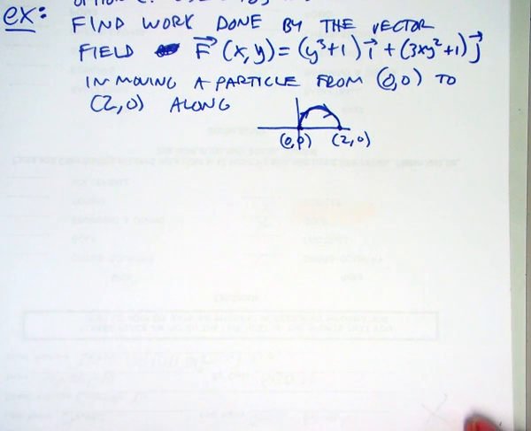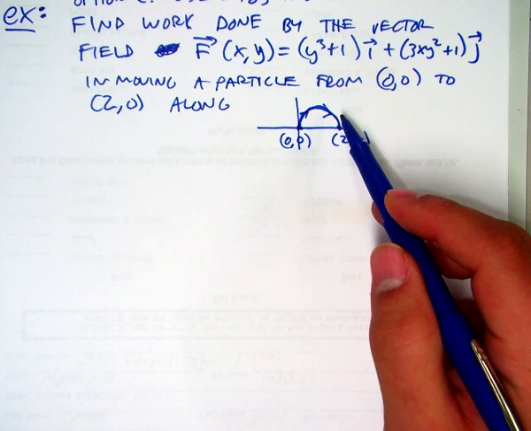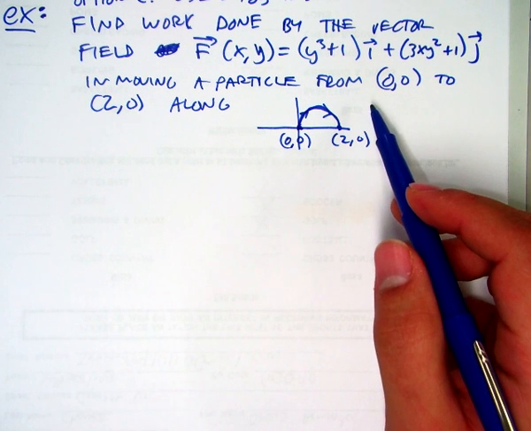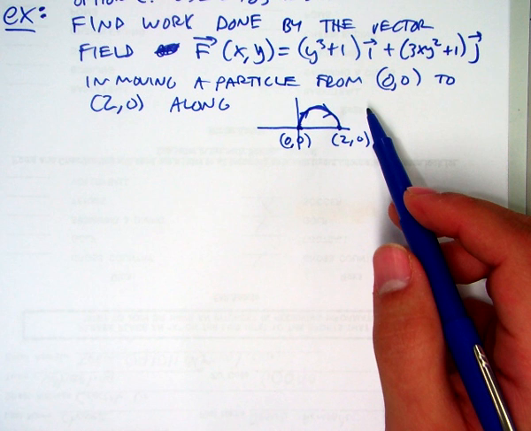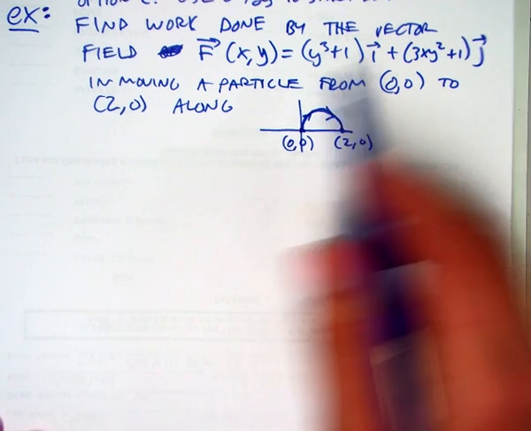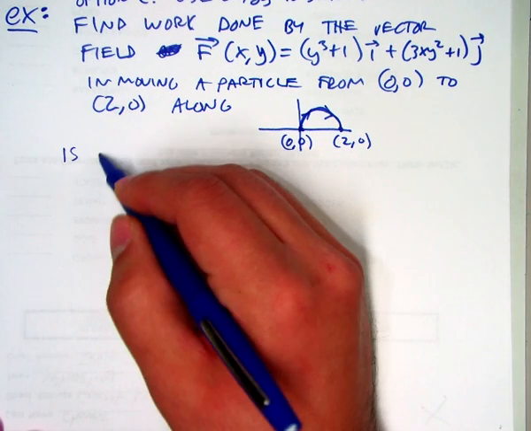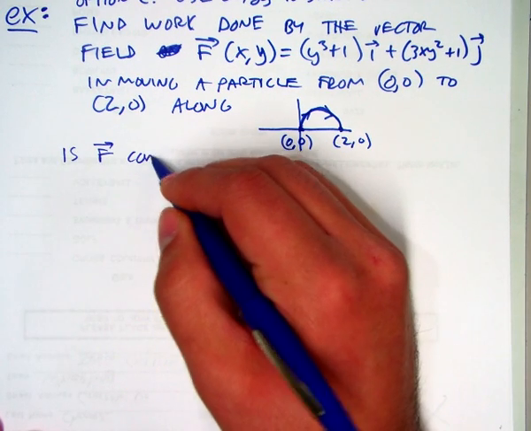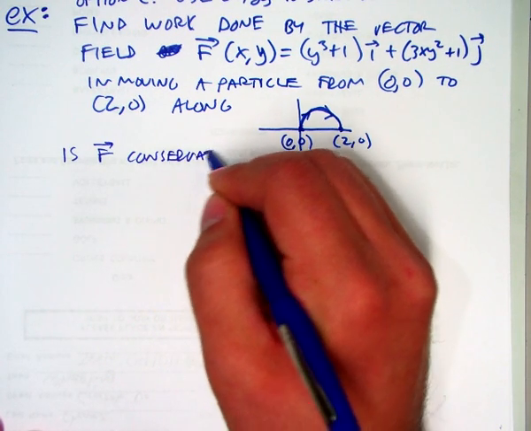So now we're building an arsenal. We could parameterize the curve or do things we did in 15.152, but the first thing you should check, because life is easy when things are conservative, is whether or not F is conservative. Because if it is, then we don't have that much work to do.